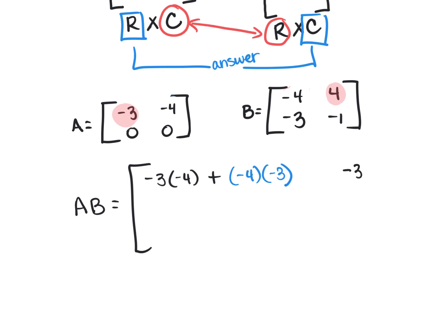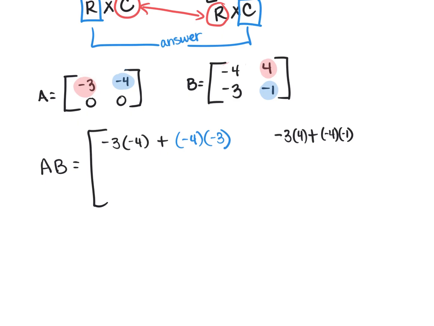So you're going to have negative 3 times 4. And then you're going to add to that, sliding to the right one and down one, negative 4 times negative 1. And this will be the entire top row, because you use the top row on the left matrix A.